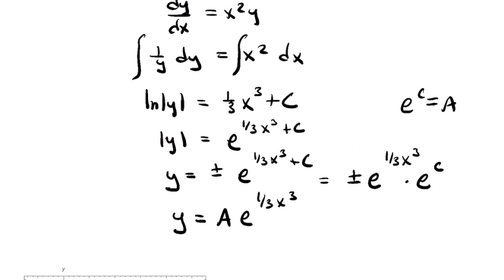So if you're wondering, you can write the plus or minus if you want, but I don't need to, because the second a that I wrote down there is kind of plus or minus the first one, because e to the something is never negative. But if I needed a negative coefficient out here, well, then I'll just absorb it into that constant. Okay, so it's kind of the spirit of this stuff. When things are defined up to a constant, you don't have to write plus or minus, because you can just absorb the minus sign into the constant.